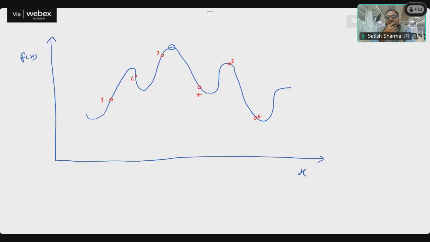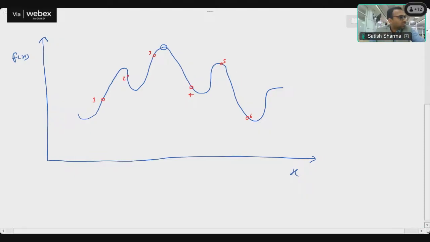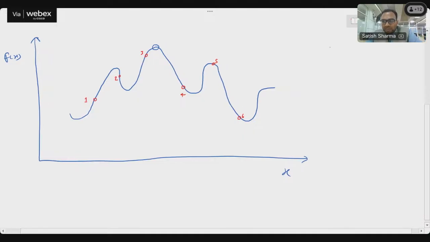Now, let's consider another side here. Let's say a single peak value, and this is my optimal point, and this is my starting point.